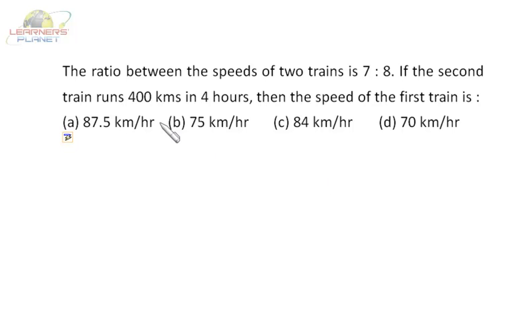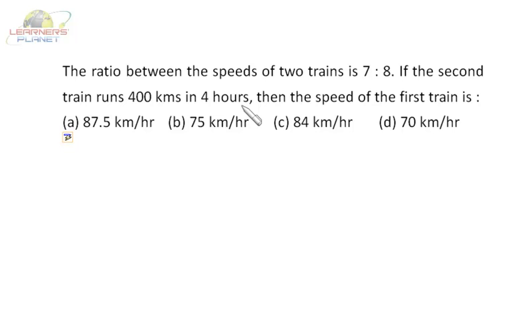Now let's see this question. The ratio between the speeds of two trains is 7:8. If the second train runs 400 kilometers in 4 hours, then the speed of the first train is. Friends, very simple problem. Let's try to do it mentally. The second train runs 400 kilometers in 4 hours. That means speed is 100 kilometers per hour.